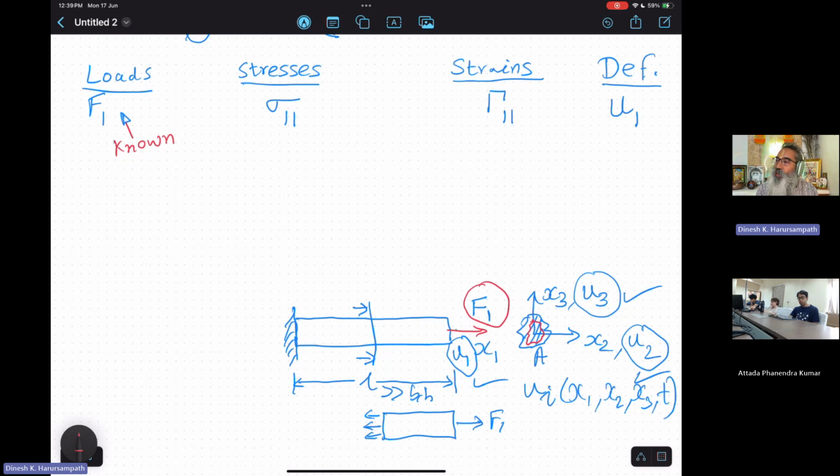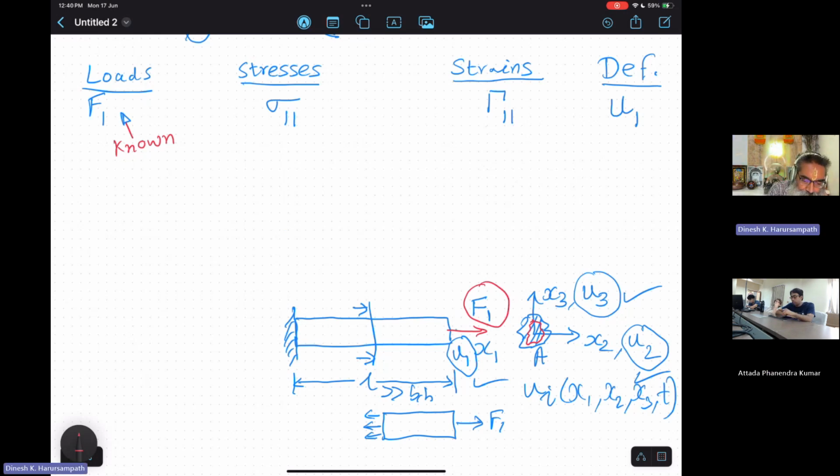So which is where we need to bring in the equations correlating these variables. Even without talking about it, you can probably tell me from obvious intuition or your prior experience with working on a problem like this, what is the relationship between F1 and sigma 11? Sigma 11 times the area would be the force.